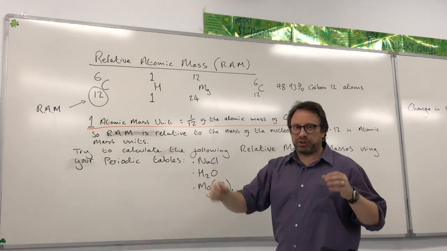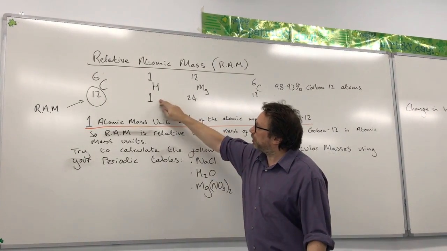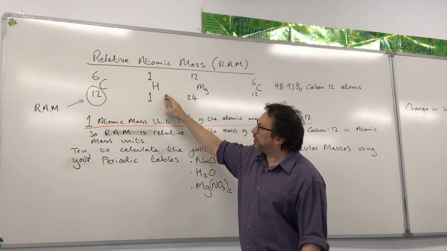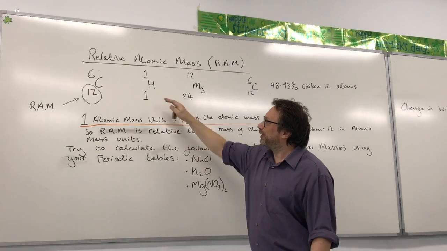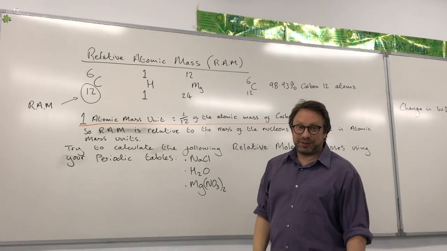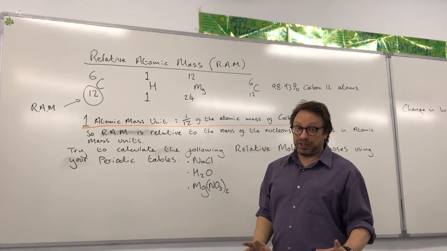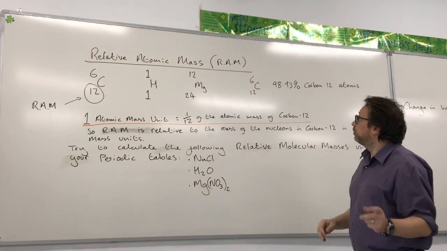Twice the mass, twice the number. Hydrogen here is really interesting too, because that is 1/12 the mass of carbon, so it's one atomic mass unit. Seems simple, right? Okay, so we'll move on then.